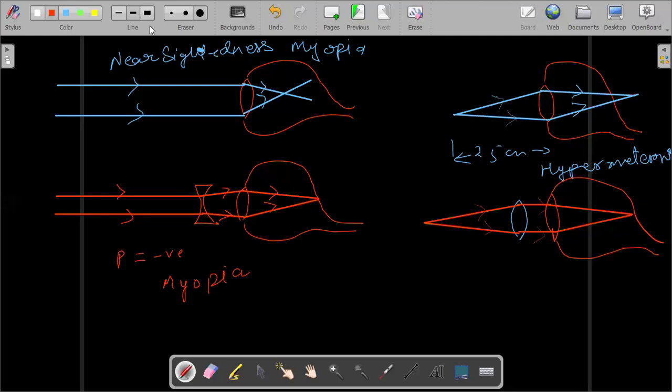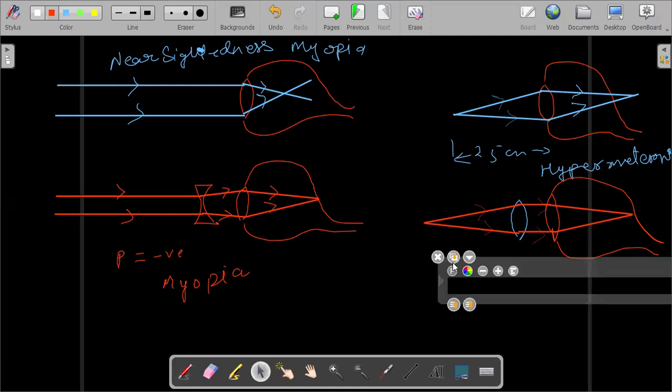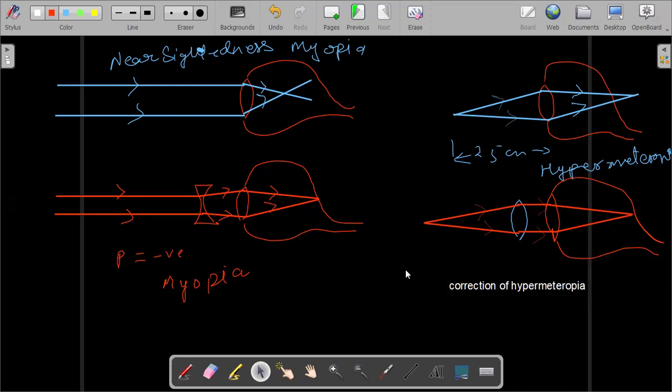So these two diagrams show us the correction of myopia and hypermetropia. Correction of hypermetropia. This one is our correction of myopia.